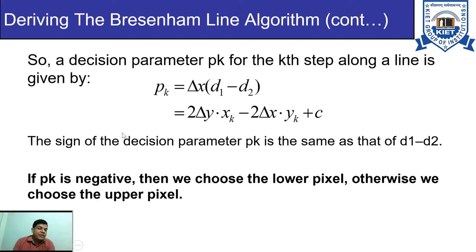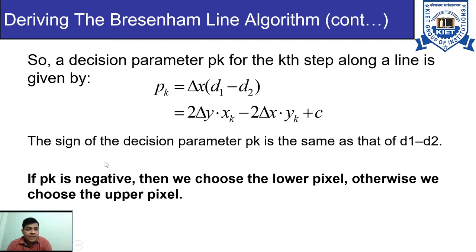So here we are defining one parameter that is called the pixel parameter or decision parameter. A decision parameter pk for the kth step along the line is given by pk equals delta x times d1 minus d2, which is 2 delta y xk minus 2 delta x yk plus c.